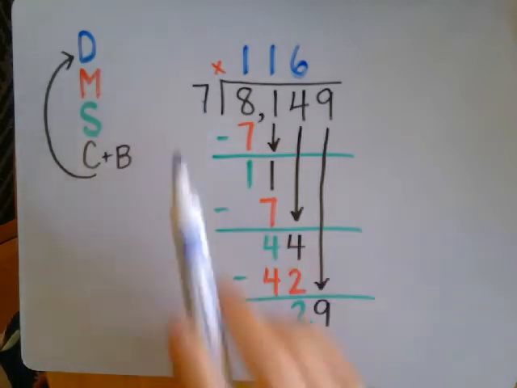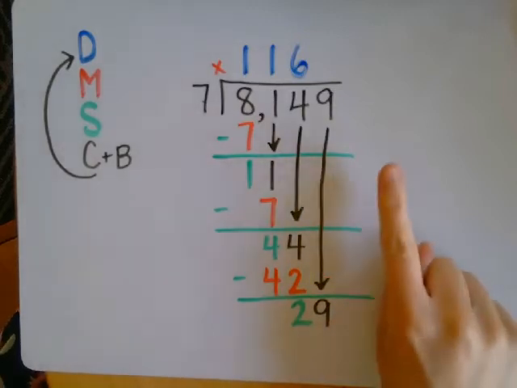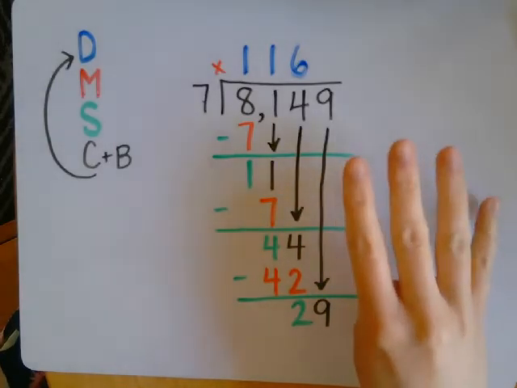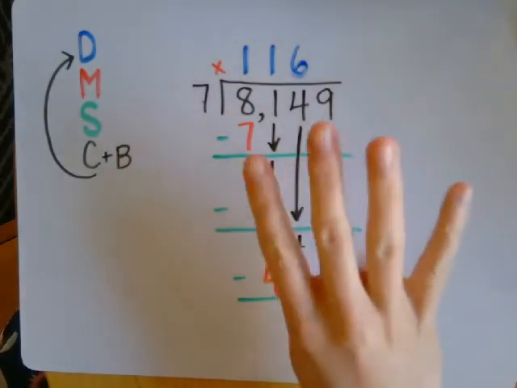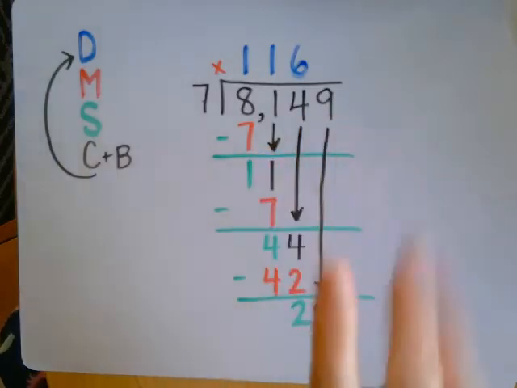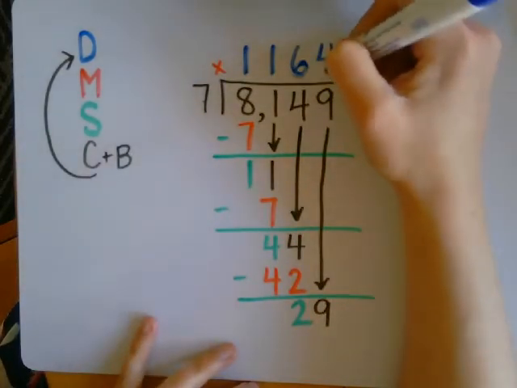29 divided by 7. So how many groups of 7 can I make out of 29? 7, 14, 21, 28, 35. 35 is too many, so I need to go back to 4. I can make 4 groups of 7 out of 29. So that 4 goes right above here.